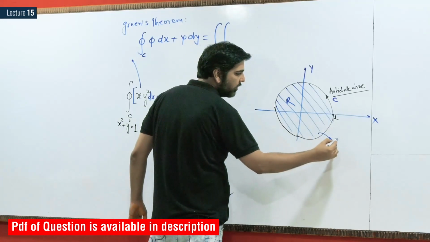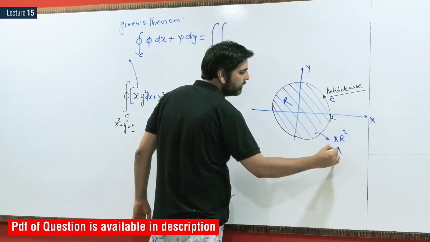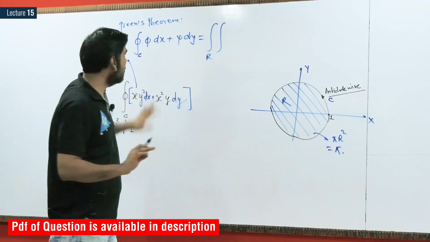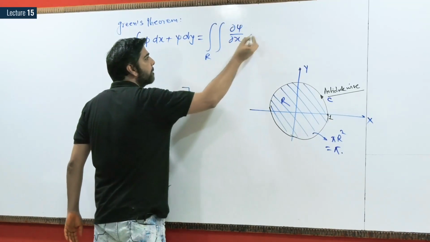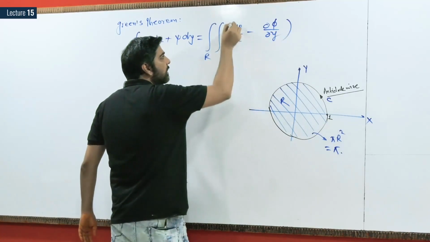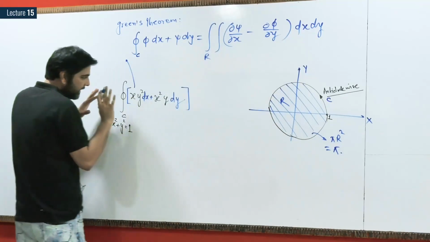The area is pi r square, that means r square is 1, so pi will be the area. But here it is a very good question, because we need del psi by del x minus del phi by del y, dx dy.